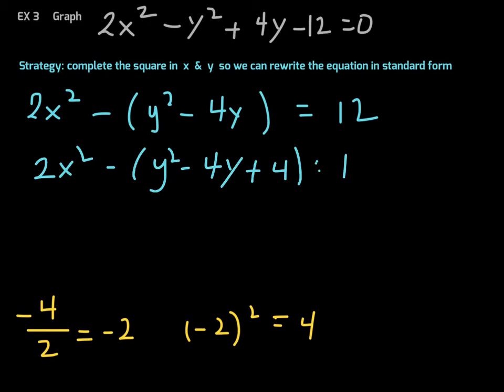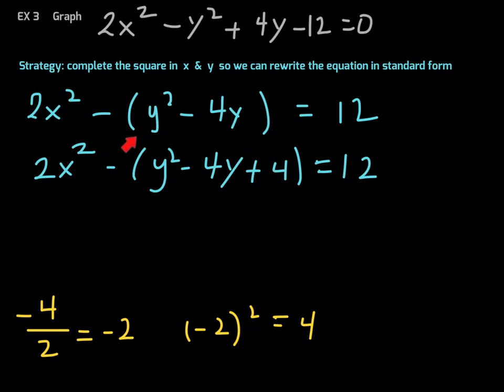to 12. Now you're going to have to be very careful here. Remember, whatever you add to the left-hand side of the equation, you have to add the same amount to the right. Now, it's very tempting for me to say, oh, I added 4 to the left. Let me add 4 to the right. But that wouldn't be correct because there's a negative out front. So really, you've added -1 times 4.